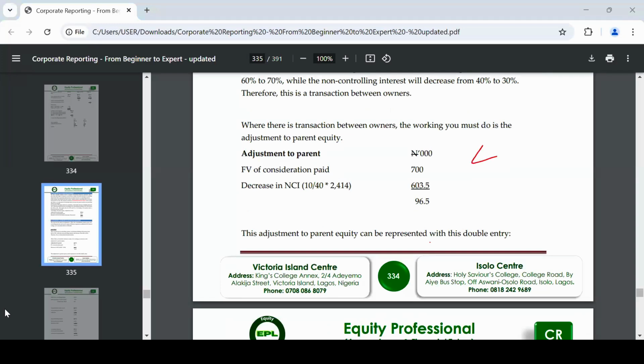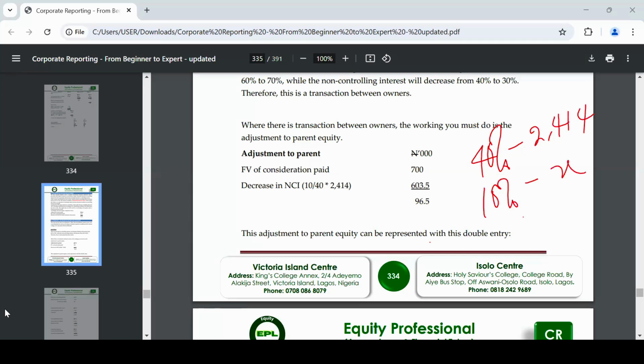Now, 40% used to equal this. This is the carrying amount, okay? Then, what does 10% represent in this instance?